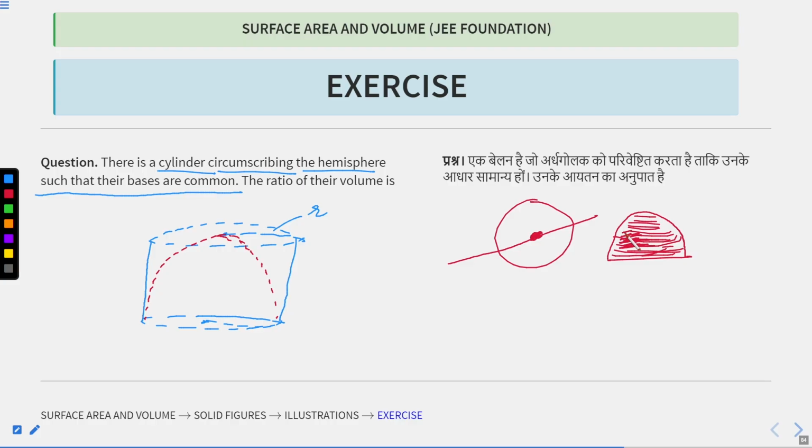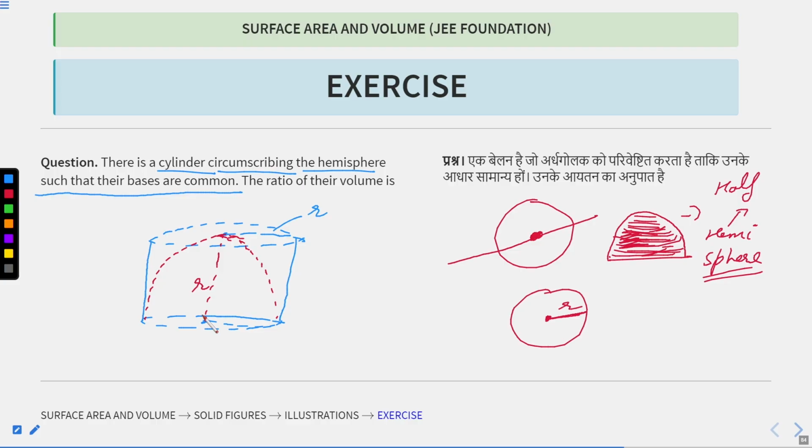Okay, so this means this is my r, because in a sphere, from the center to any point on the surface of the sphere, the distance remains constant, which is r.